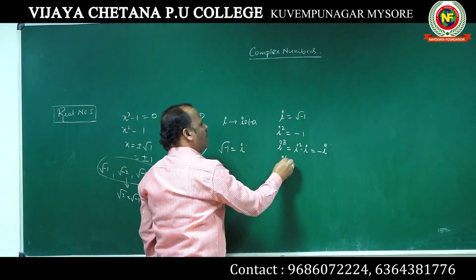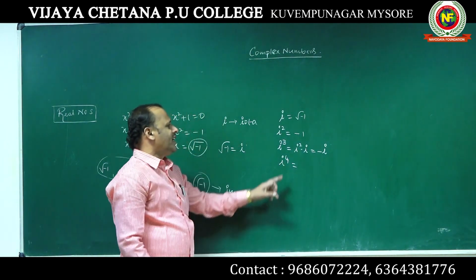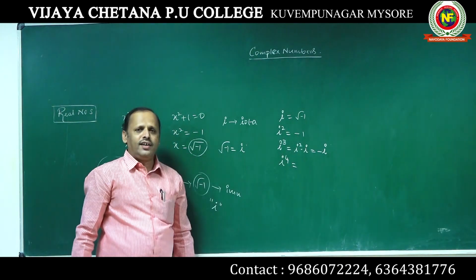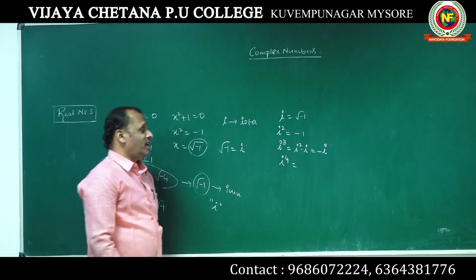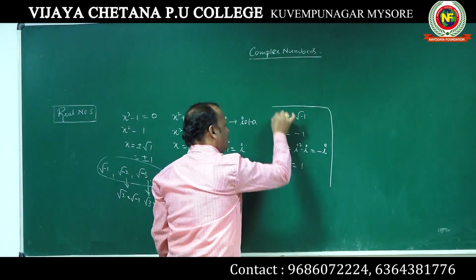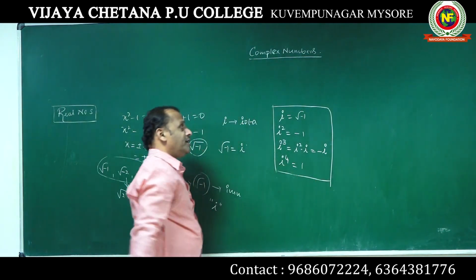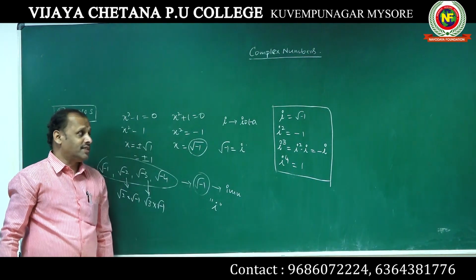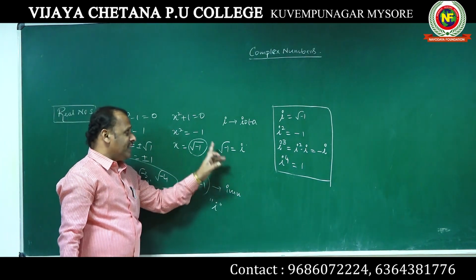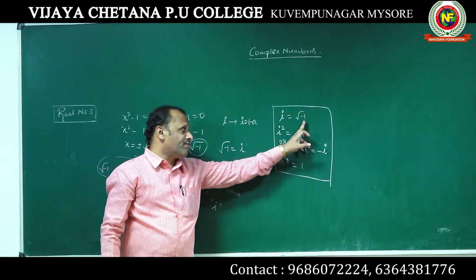Then i to the power 4 is equal to minus 1 whole square, minus 1 into minus 1, that is plus 1. This is a very important part of complex numbers related to imaginary numbers. The imaginary number i is equal to root of minus 1.